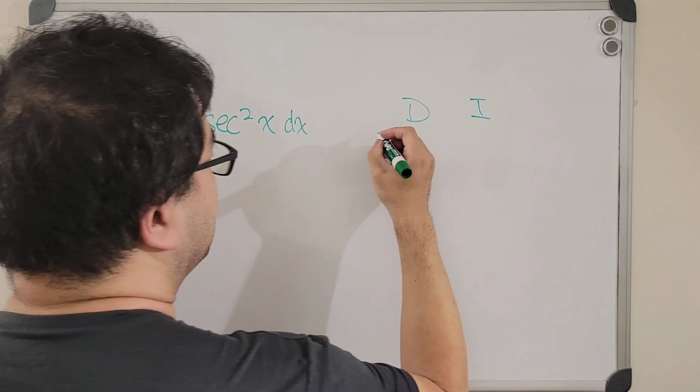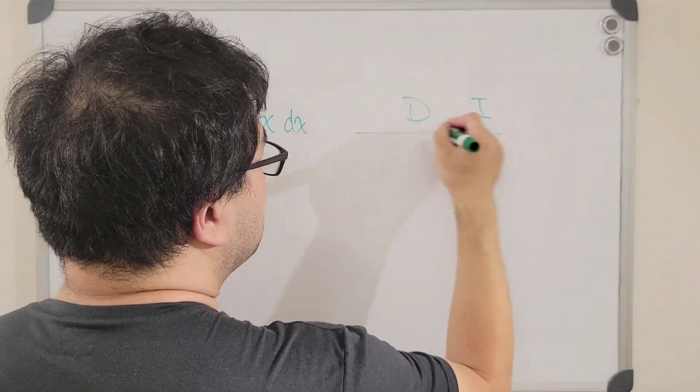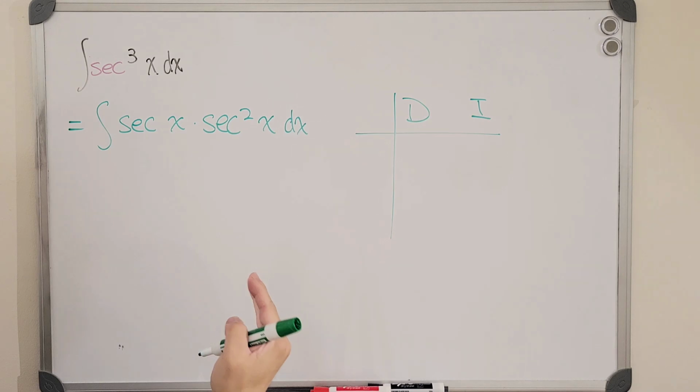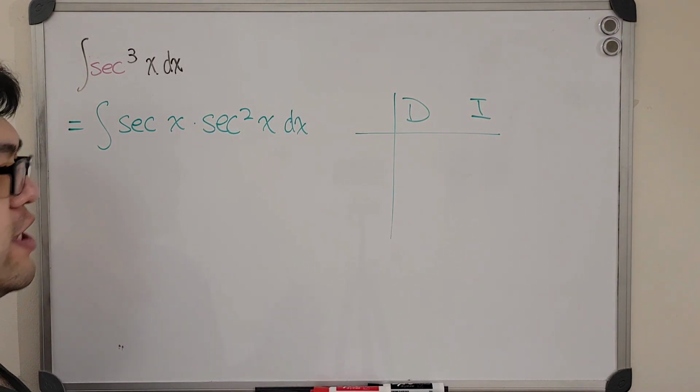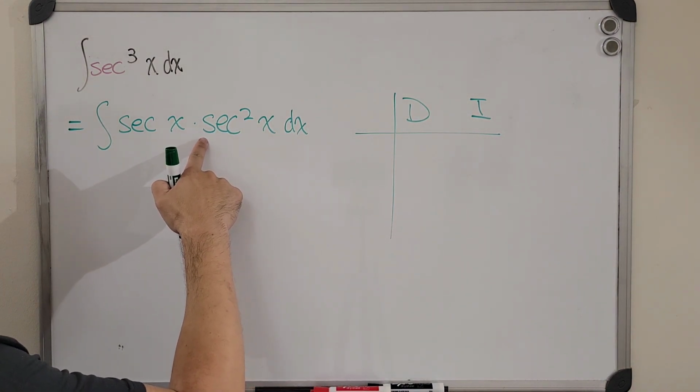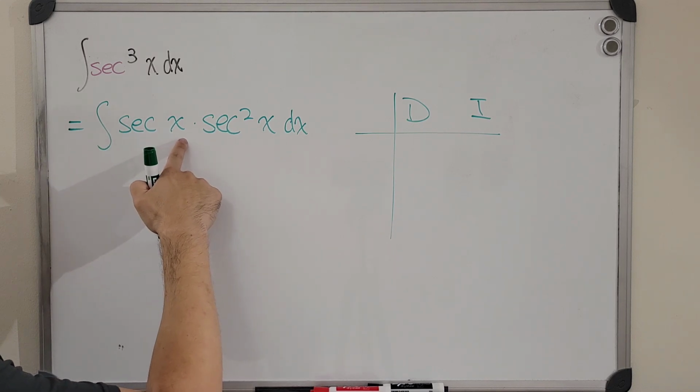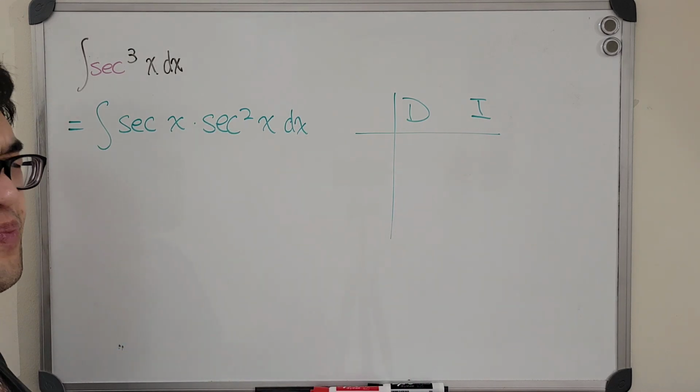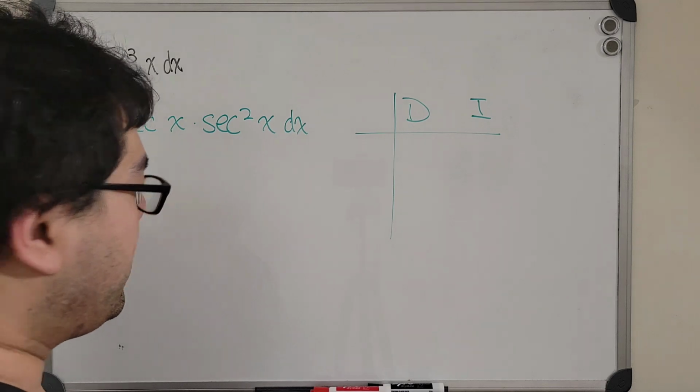Anyway, if we're going to use the DI method, then which one will be the part that we're going to integrate? Well, we know what secant of x is if we integrate it. But we also know that secant square of x, if we integrate, will get something even better.